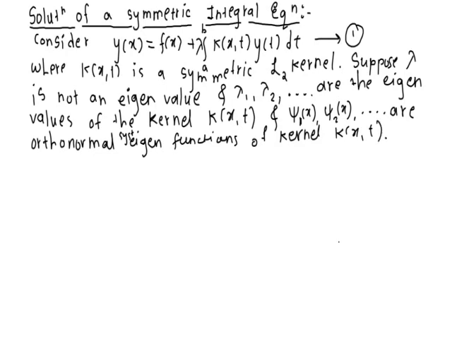So this is a non-homogeneous Fredholm integral equation with the symmetric L2 kernel, and let lambda not be an eigenvalue of kernel k(x, t), and lambda 1, lambda 2 and so on are the eigenvalues of the kernel k(x, t).